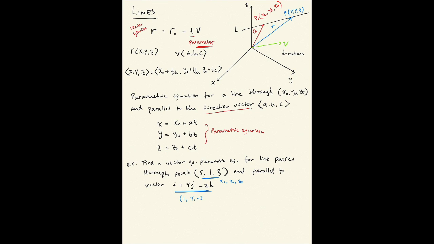So r will be, let me write in ijk, 5i plus j plus t, so r will be 5.